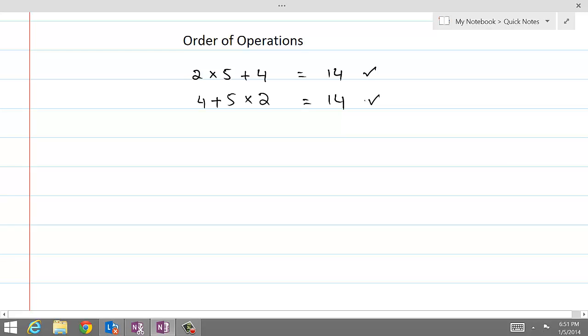The reason is because multiplication is always applied first and then addition is applied. Let me give an explanation for this.